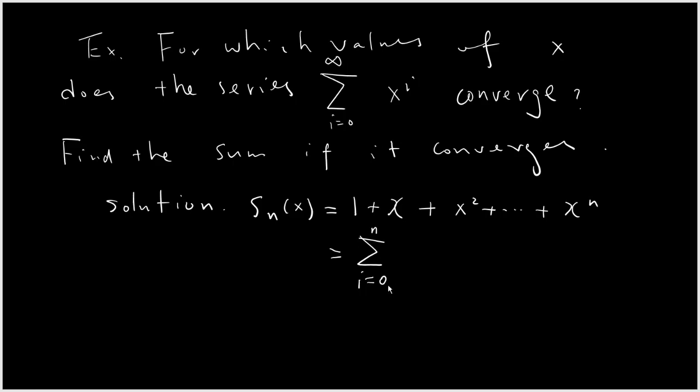Each value of the index will determine a particular term in the partial sum sequence. So you have x to the power of I, right? X to the power of I.